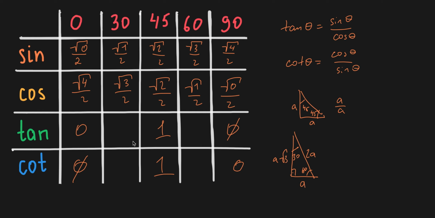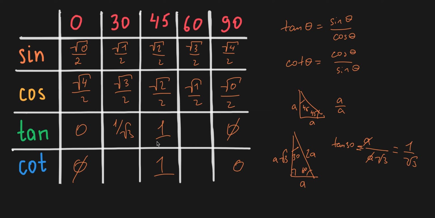So for 30, tangent is opposite over adjacent. Opposite is a. So this is tangent 30. That's a over the adjacent, a root 3. That's going to cancel. So that's 1 over root 3.